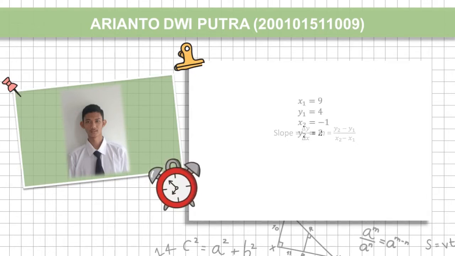Where x1 equals 9, y1 equals 4, x2 equals -1, and y2 equals 2.